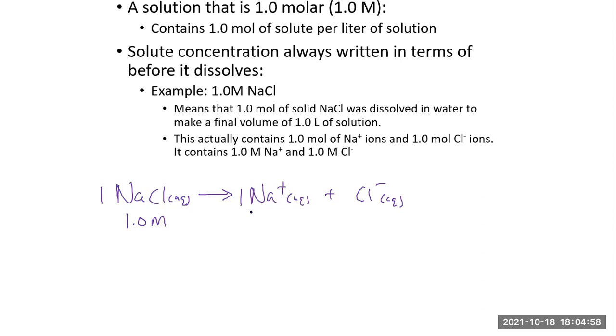The concentration of the sodium ion would also be 1 molar. Same thing with the chloride. It's a 1-to-1 relationship between the whole thing and chloride, so it also is going to be 1 molar in terms of the concentration of the chloride.